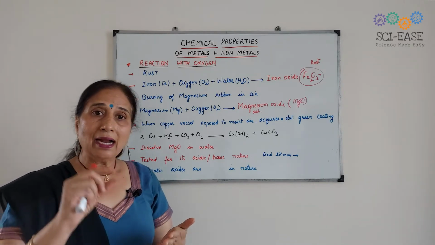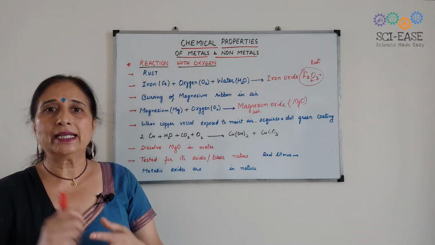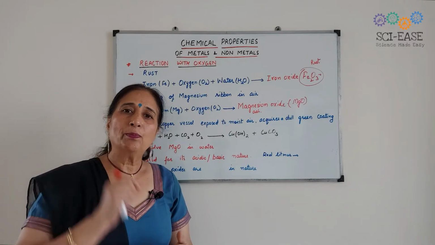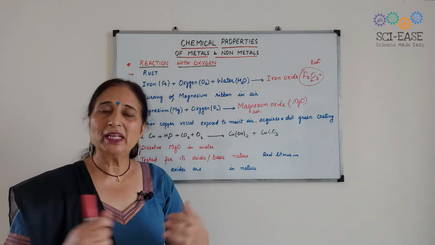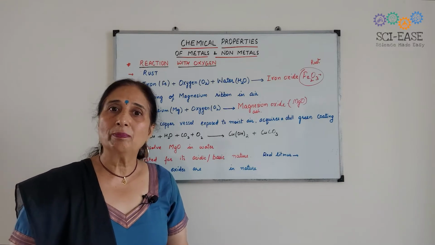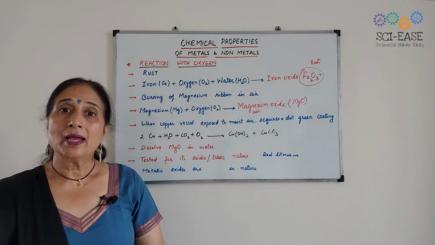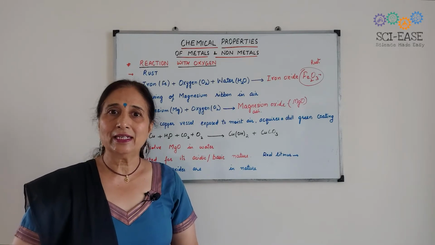Now take that water in another test tube and put blue litmus in it. What will be the result? There will be no effect on the blue litmus paper. Now put red litmus paper in it.